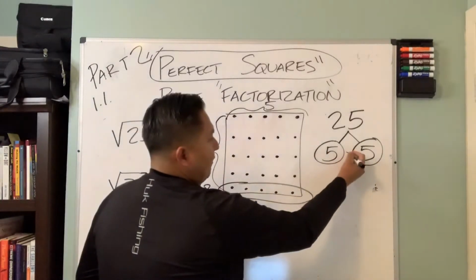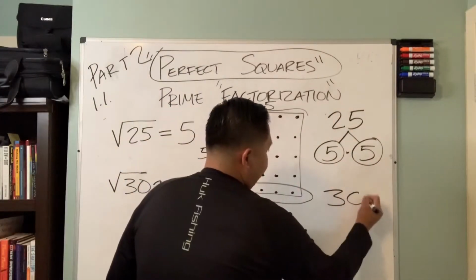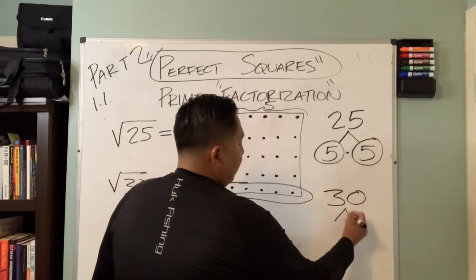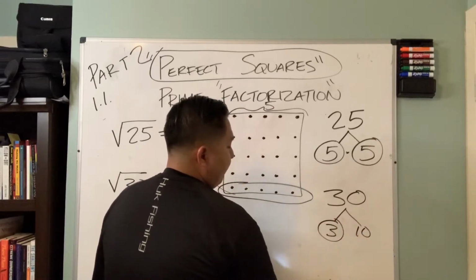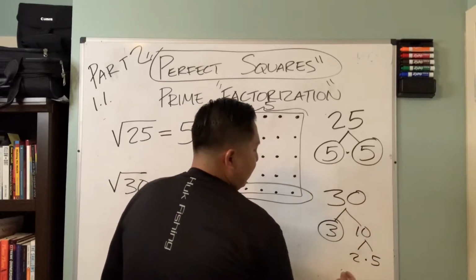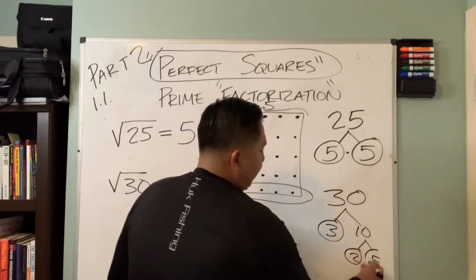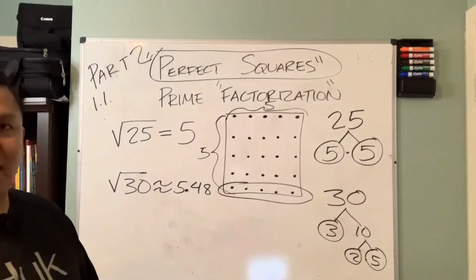So if we multiply these two together, we get 25. 30, on the other hand, we know that 3 times 10 equals 30, and also 2 times 5 equals 10. All right, so if we circle those, 2 is prime, 5 is prime, and 3 is prime.